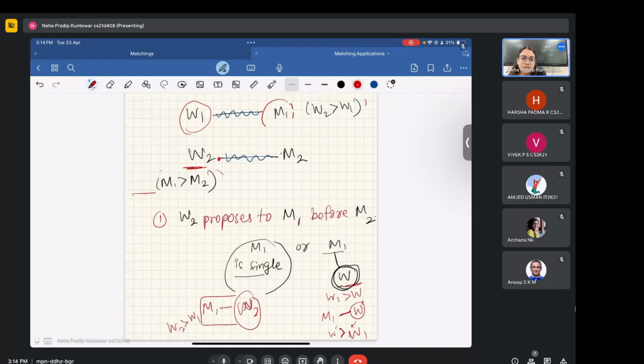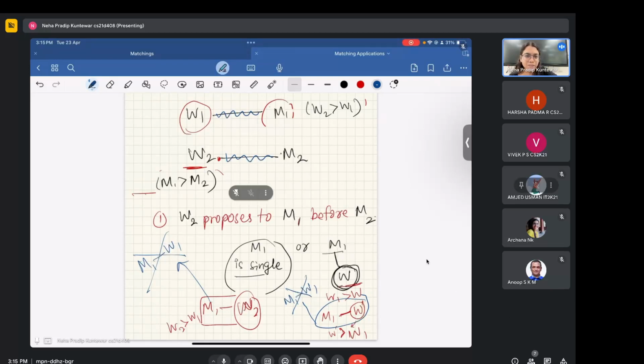So you cannot ever reach a state where M1 is matched to W1. This case just cannot happen. Using the same idea, you can argue for this case also. If M1 is matched to some W prime whom he prefers more than W1, then he's never going to accept the proposal from W1. So again, you cannot reach a state where M1 is matched to W1. It's a simple argument, but it's maybe difficult to get hold of in the first course.